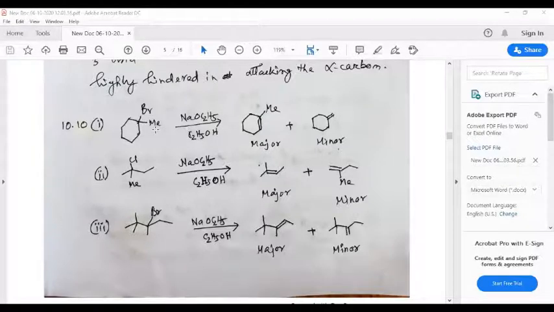The other proton that can be removed by sodium ethoxide is from the methyl group. This is also a beta position. And the alkene is a less substituted alkene, which is less stable compared to the more substituted alkene. Therefore, it becomes the minor product. Since this is less stable, it will form in lesser amount. Since this is more stable, it will form in larger amount. So it becomes the major alkene. It becomes the minor alkene.